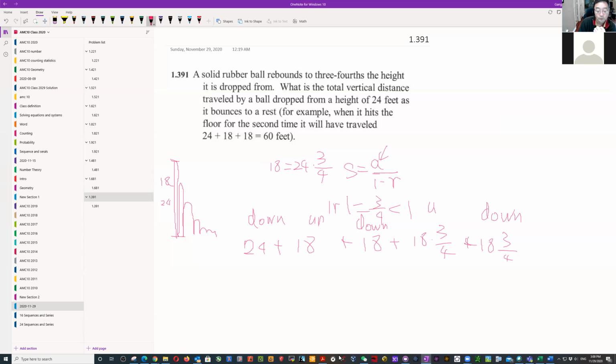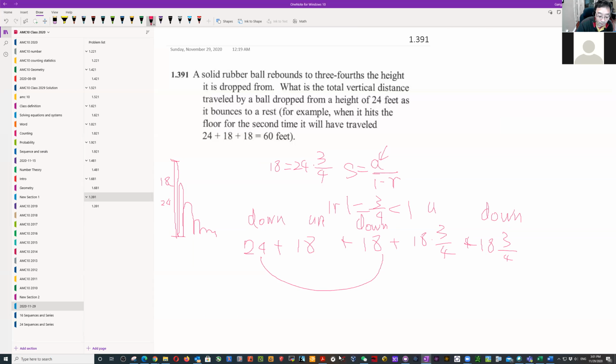So basically, we're checking the pattern of this, and then we will just sum up two geometric series. One is on the way down. On the way down, it's always 3/4 multiplied by its original term.